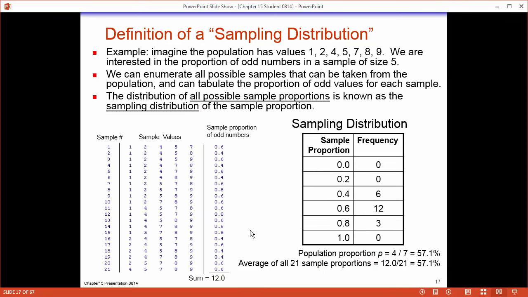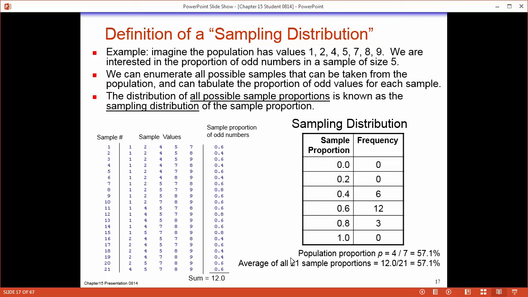Looking at this example right here, you'll notice that the numbers we're sampling from are 1, 2, 4, 5, 7, 8, 9. We are interested in the proportion of odd numbers in a sample size of 5. So when we look at this, the odd numbers up here, there are 1, 2, 3, 4, and that's out of 1, 2, 3, 4, 5, 6, 7.